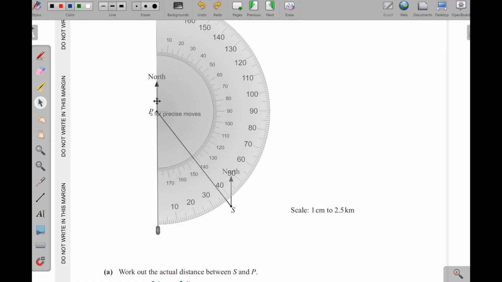So we have to make sure that this one coincides with that arrow on the North Pole, and then we read clockwise, okay? We measure bearings from the North Pole clockwise.